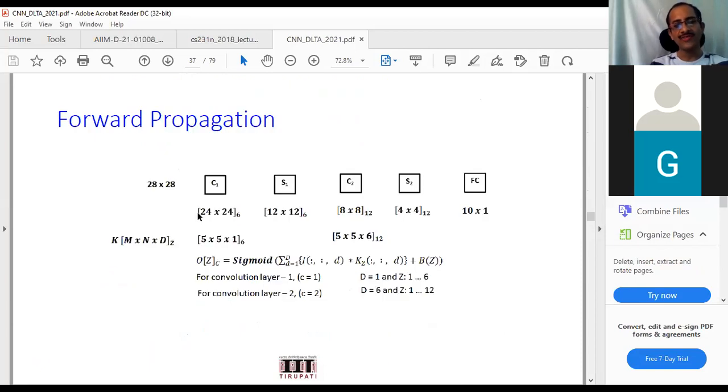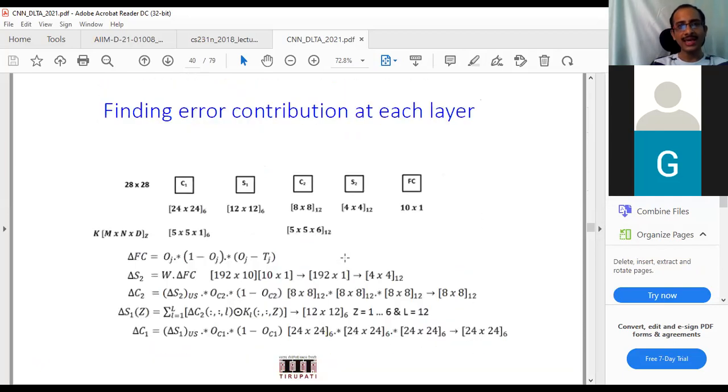Okay, so now we have seen the forward operations, as you have seen here. Now we are looking at the back propagation. As I discussed, at each layer, the delta written here is nothing but O minus T, which is the error.